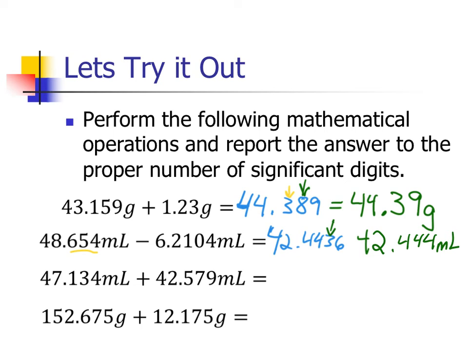The next one, 47.134 plus 42.579. Now, sometimes things like this happen. When I put it all together and I do my math, the answer is there. No rounding is required.